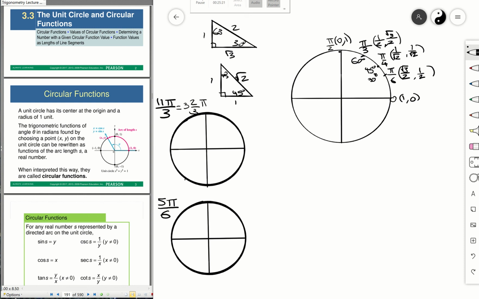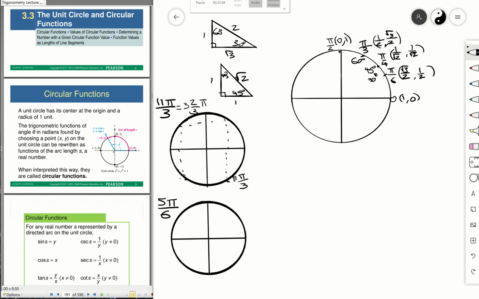So let's say 1/3 is about here, 2/3 will be about there. So we know that 11 pi over 3 falls here.